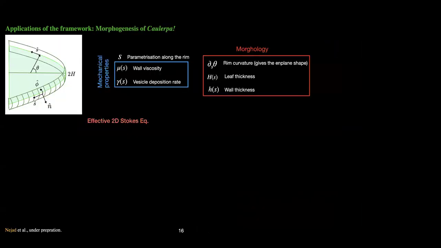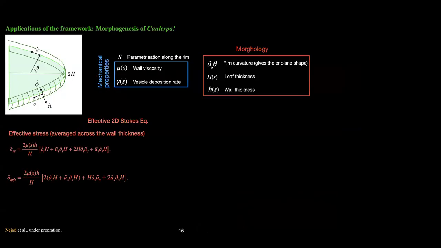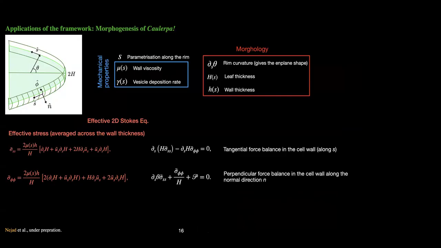And so repeating the procedure that I talked about earlier, we can find an effective 2D description: the effective stress tensor along two different directions, the effective force balance along the rim, and the effective force balance perpendicular to the rim.